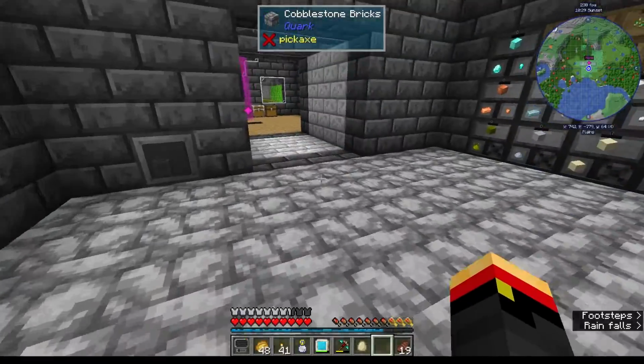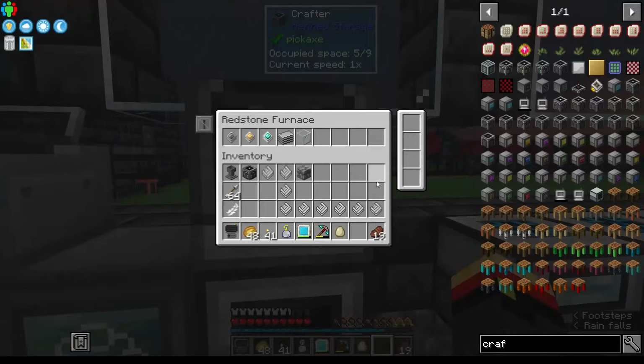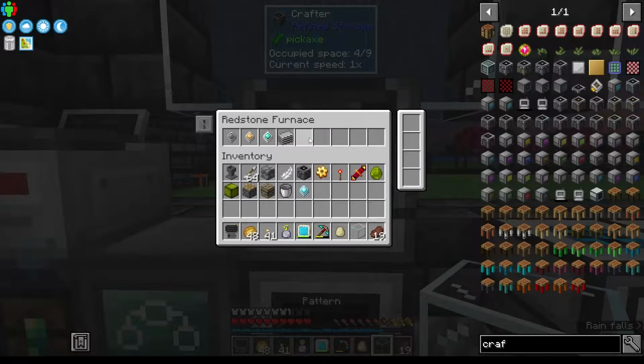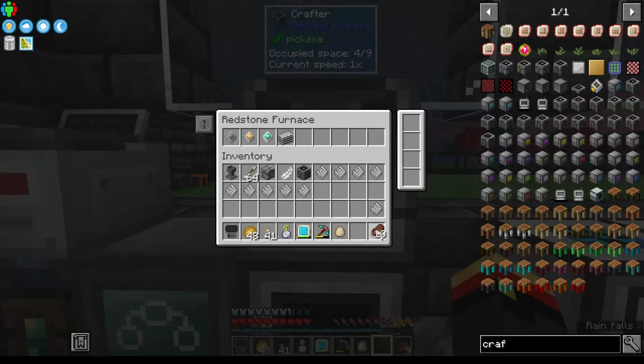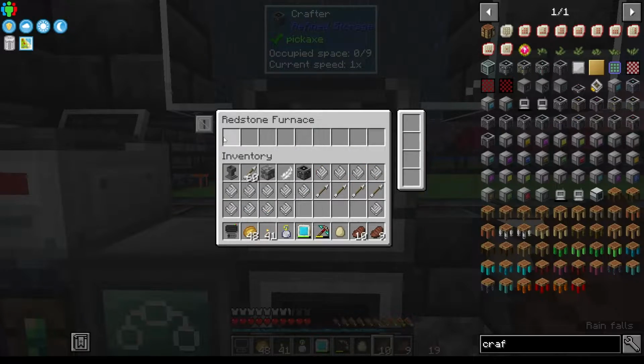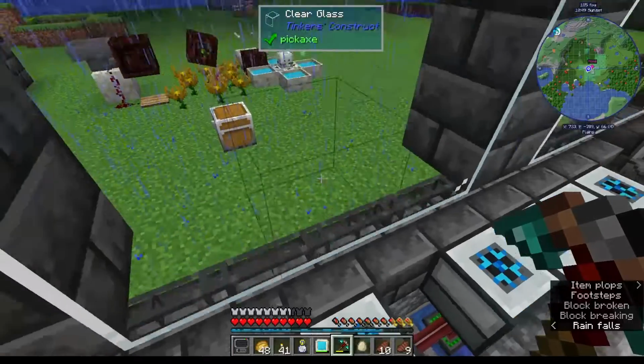Okay. Then we need to go replace the other crafter that's over here. Let's start by sorting this. Okay. So there's your patterns there. Let's break him.